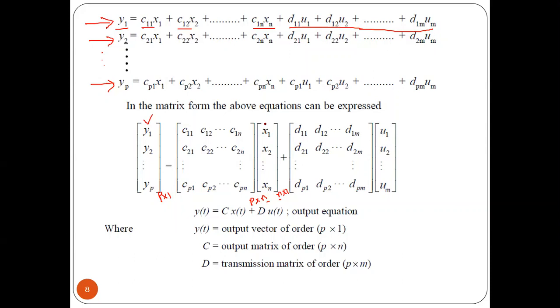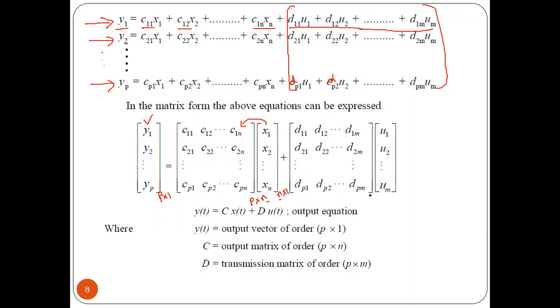Whenever you multiply these two matrices, again you will get these kinds of equations, with the state variables. Similarly, we need to add this matrix result with the U coefficients. Again for the U variables, you write the equation. It is D: D11, D12, and so on, D1m, and so on.